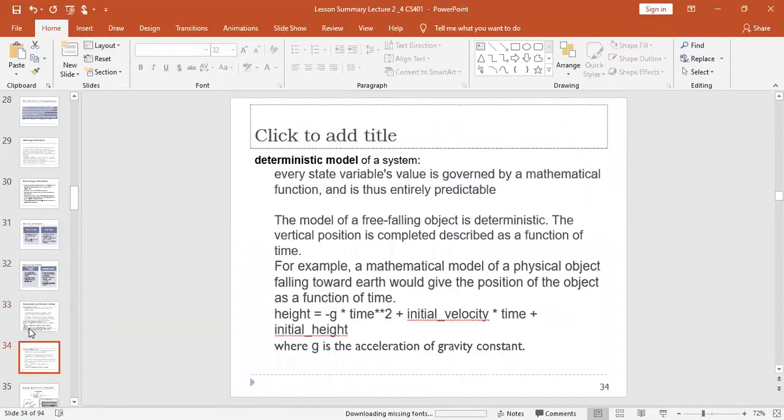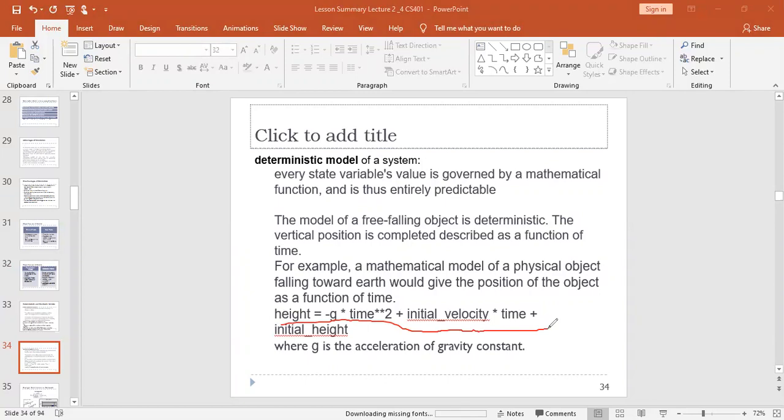Now, when you listen to the explanation I've given, it means that one model can be both. Let's take, for example, this function here, considering the height of an object at any given point in time.